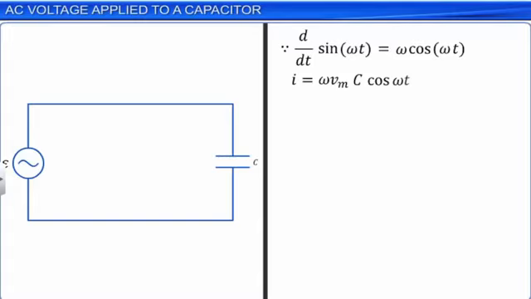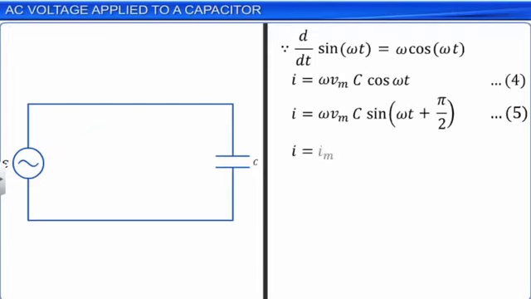By trigonometric substitution of cos θ with sin(θ + π/2), we get equation 5 as shown. This equation can be represented as i = Im sin(ωt + π/2), where Im = ω Vm C. Let this be equation 6.